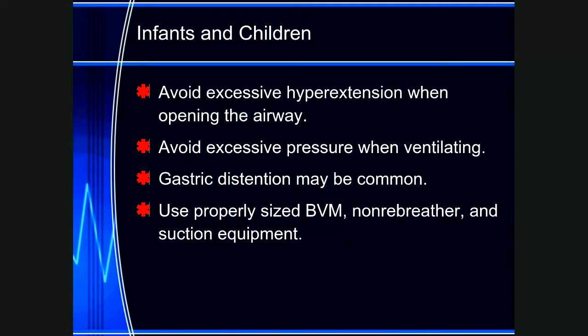Gastric distension leads to pressure being put on the lungs from the gastric area and reduces the air capacity of the lungs. And remember these differences when applying supplemental oxygen delivery devices.